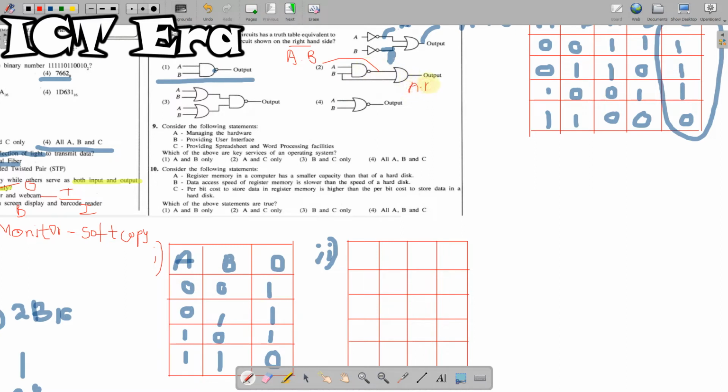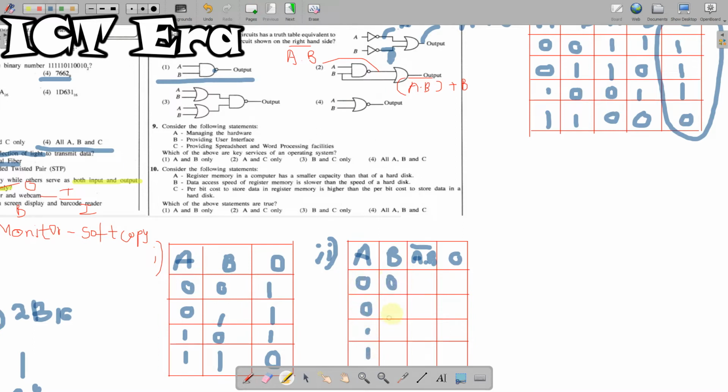Again we can write A dot B, then here an OR gate, then B plus B. Okay, now let's write here A, B, then A dot B bar value, then output.